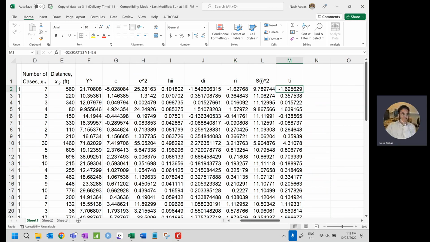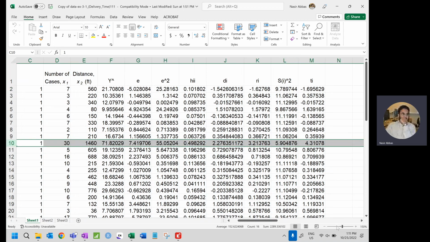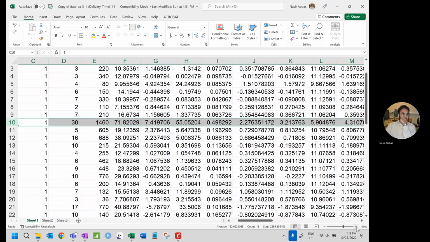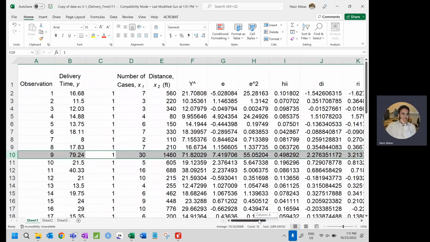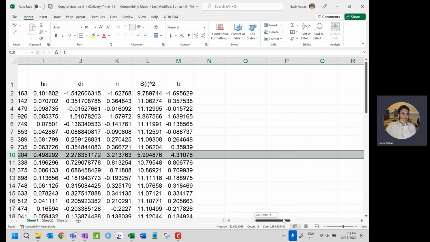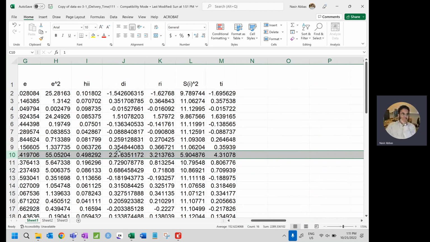Which value was declared as an outlier was the ninth value, the one I highlighted. Now for this value, x1 is 30, x2 is 1460, and the corresponding y hat is 71 point something. Now for this value, the usual DI, the first scaling method, did not detect it. It was 2.27, and usually for standardized variables, our cutoff points are -3 and +3.